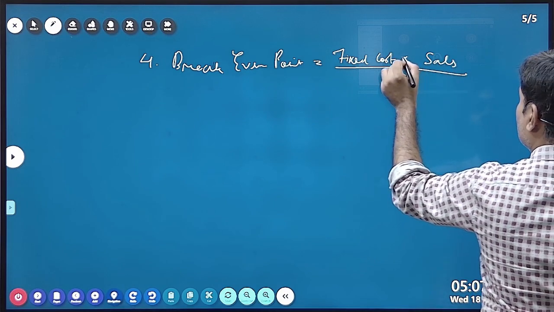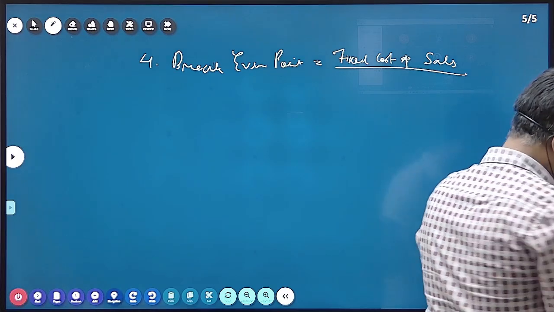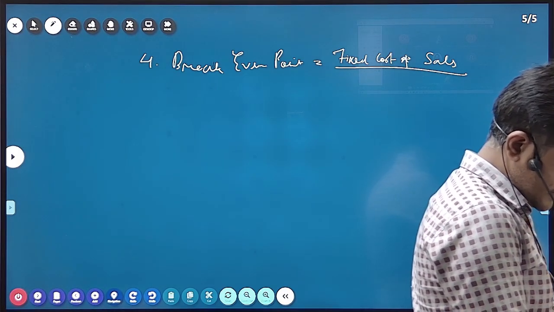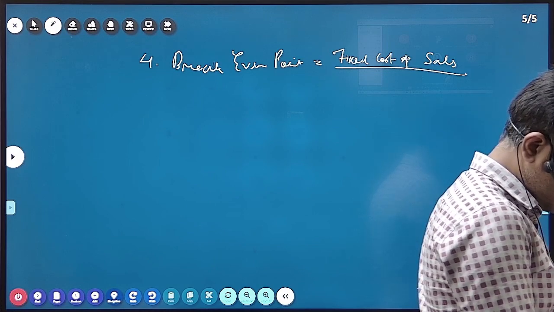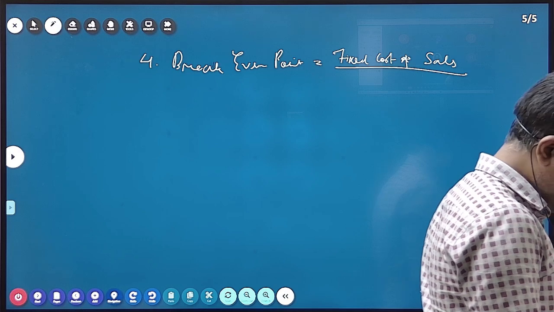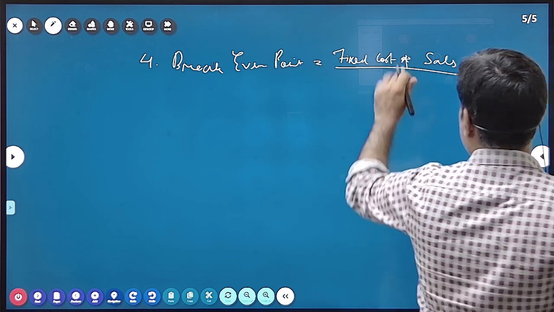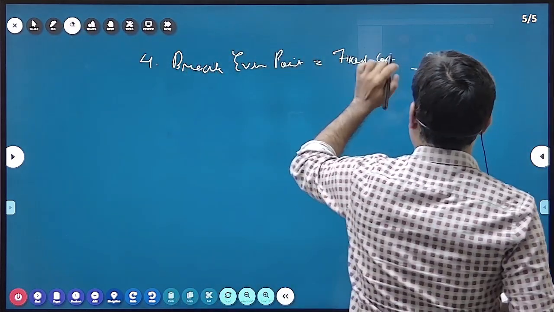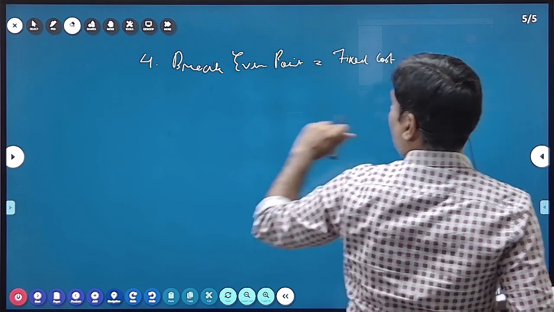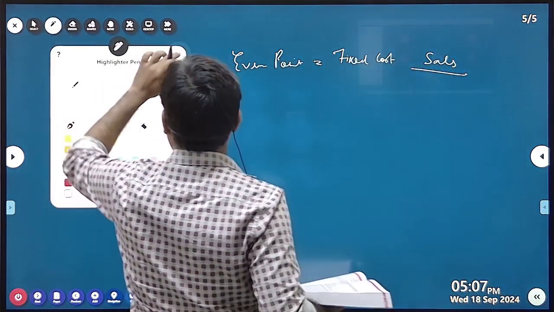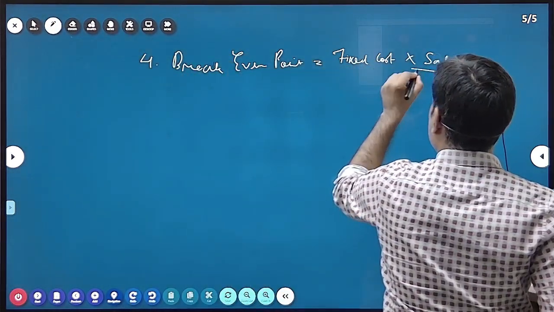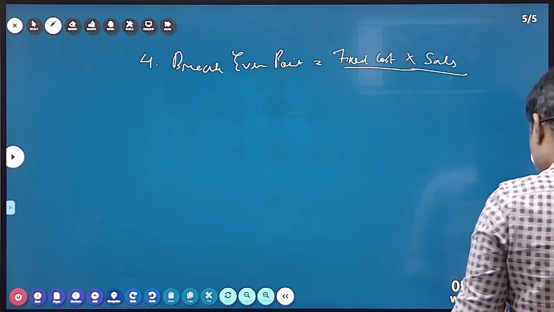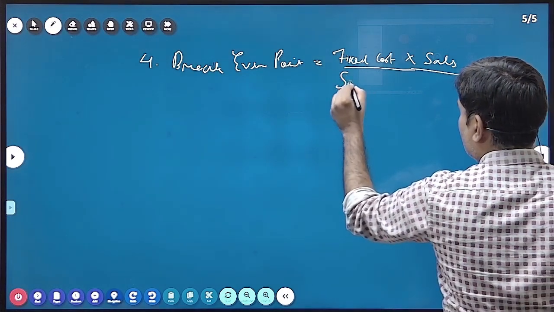Fixed cost into sales by sales minus variable cost.